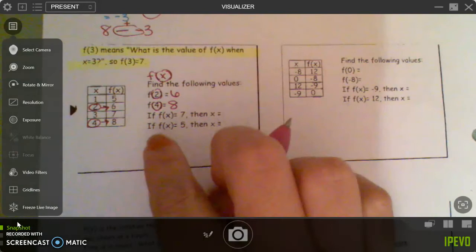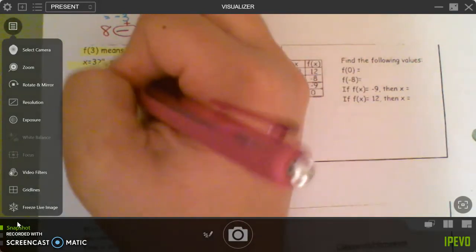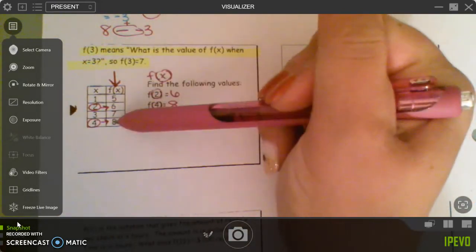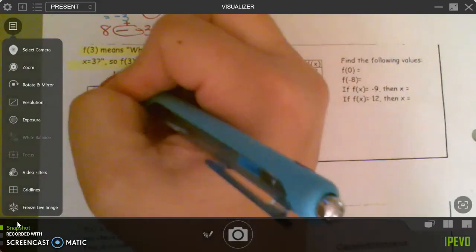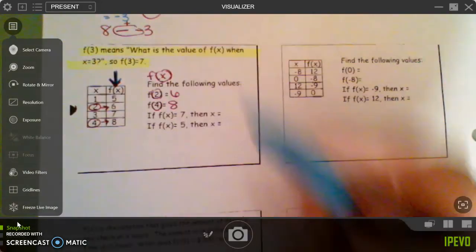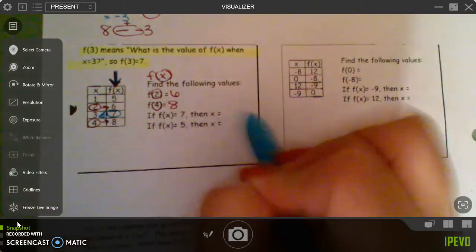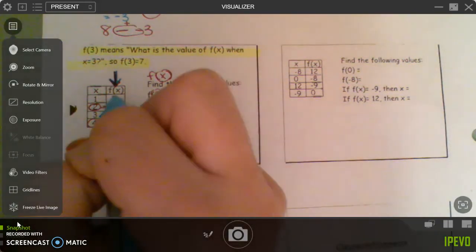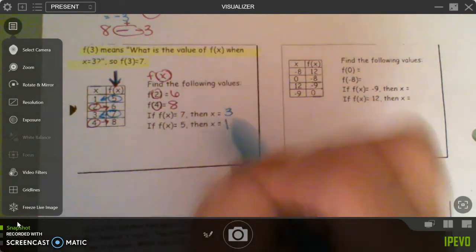And then you can go backwards. It says if f of x, so now we're looking at this second column right here. If f of x equals 7, so I'll change colors. So if f of x equals 7, then x is 3. If f of x equals 5, then x is 1.